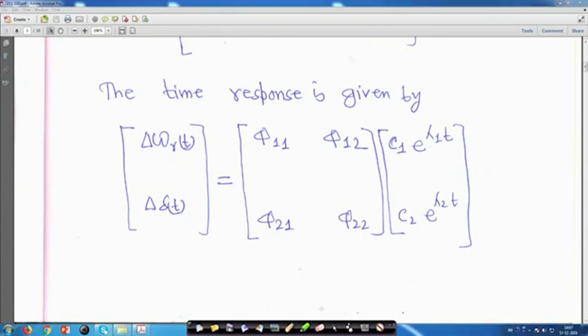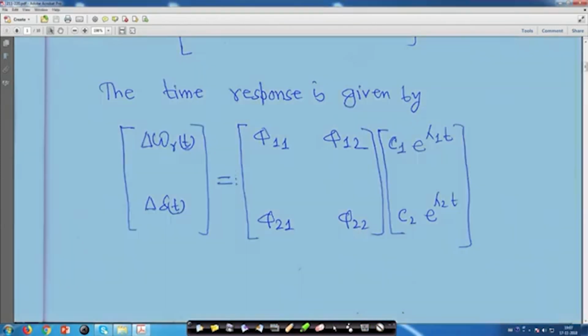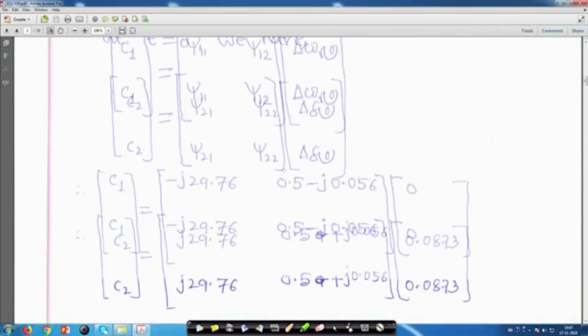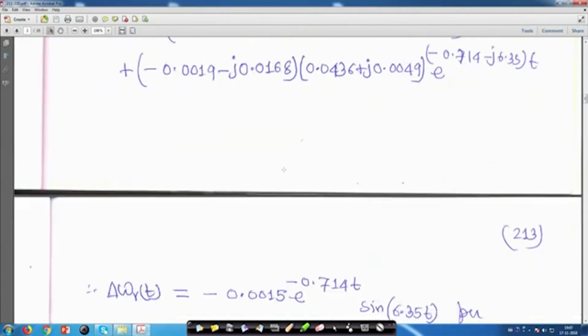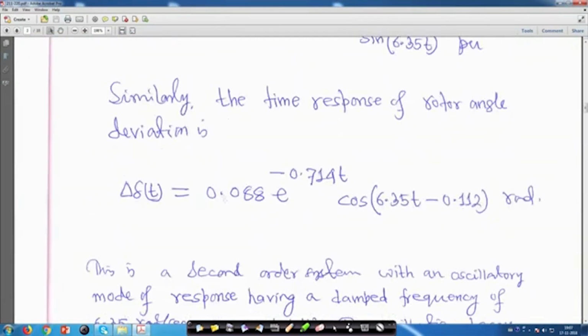Therefore, similarly, delta you will get 0.088 e to the power minus 0.714 t cosine of 6.35 t minus 0.11 t.